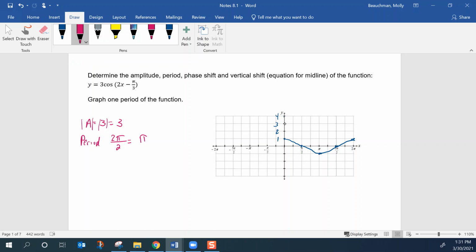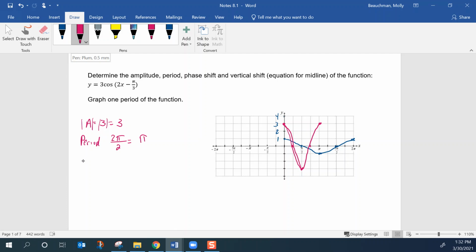The amplitude is 3, period is pi, so I want the whole graph to happen between 0 and pi. So at the beginning and end are my maximum values, in the middle is my minimum, halfway in between are the zeros. So this is the graph of just the cosine function with an amplitude of 3 and a period of pi.